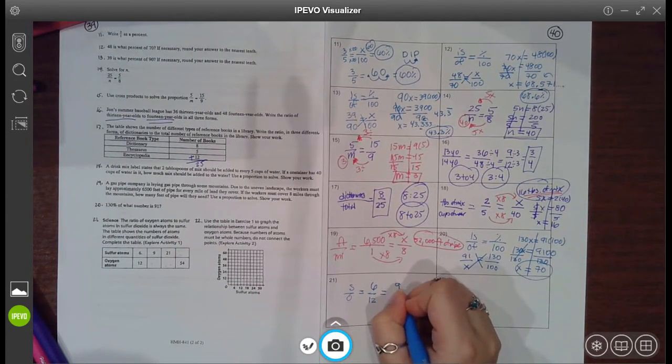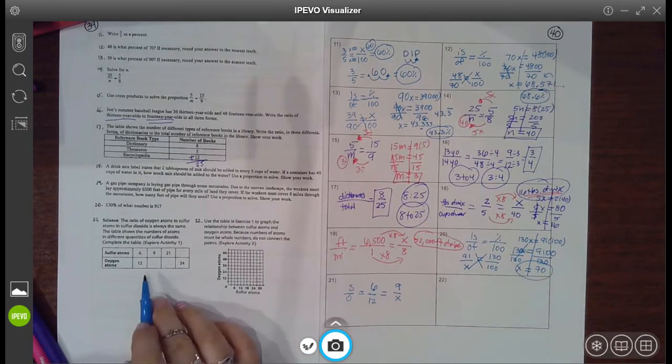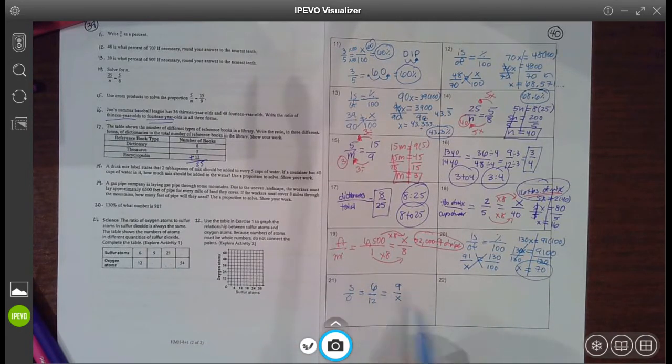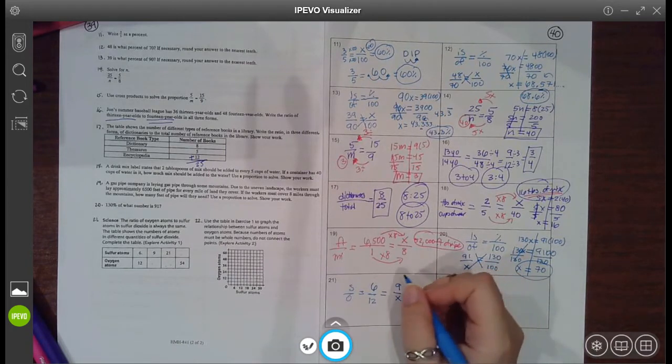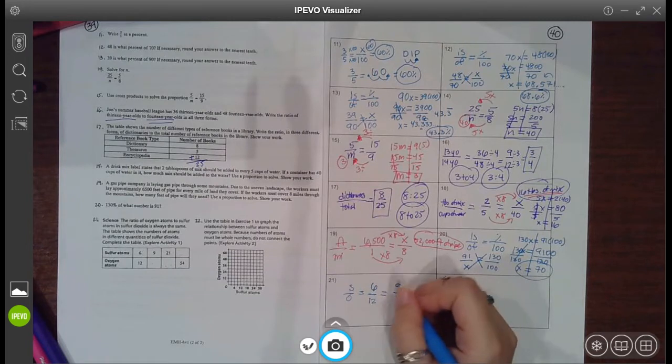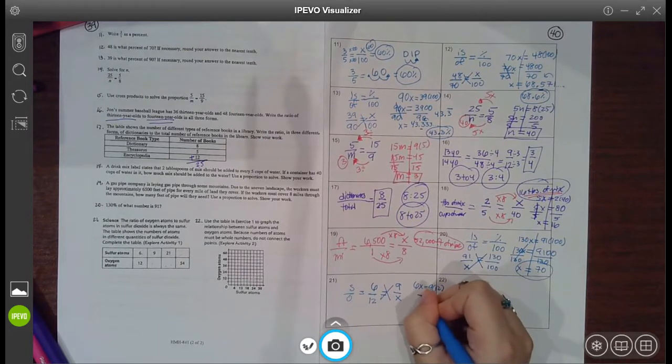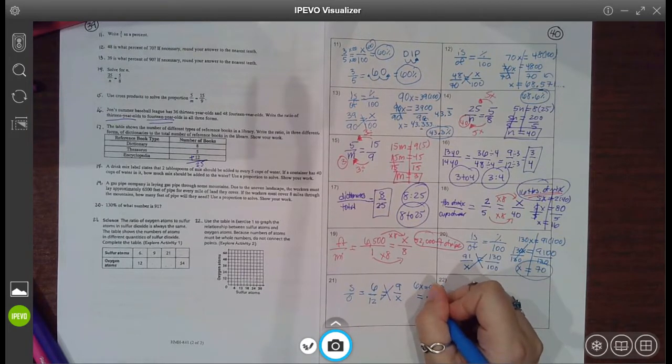So if there's 9 sulfur, how much oxygen is there, right? Right here. I basically just used the table to help me create a proportion. That's essentially what they are. Can you do 6 times something to get 9? No, so do cross products. Well, 6x equals 9 times 12. 9 times 12 is 108.